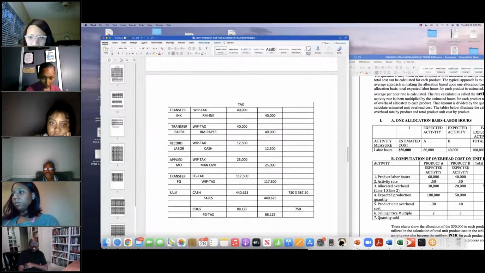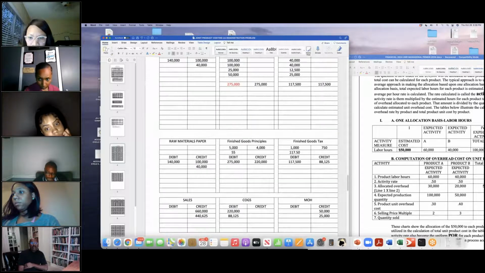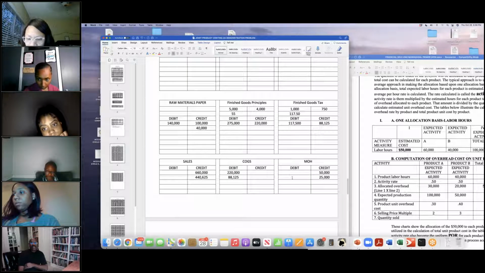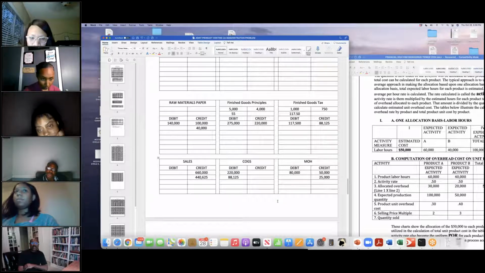So when we post that to the manufacturing overhead account, it's got 80,000 that we're putting in. We got 75, so what do we have to do? The account has to go to zero.